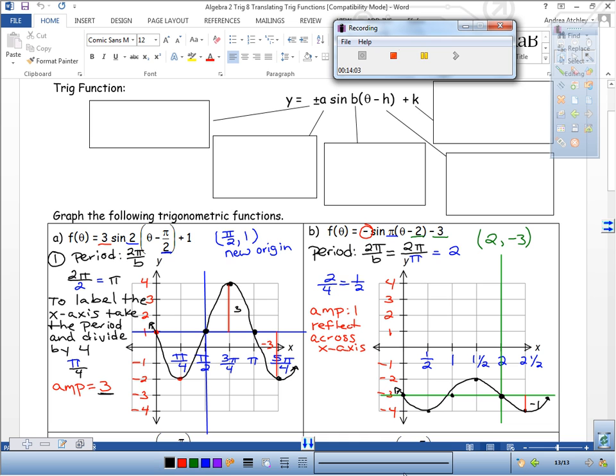Yes. Negative reflects across the x-axis. It's positive. So here I have my origin. But my new origin is where we look at it, not the old one.